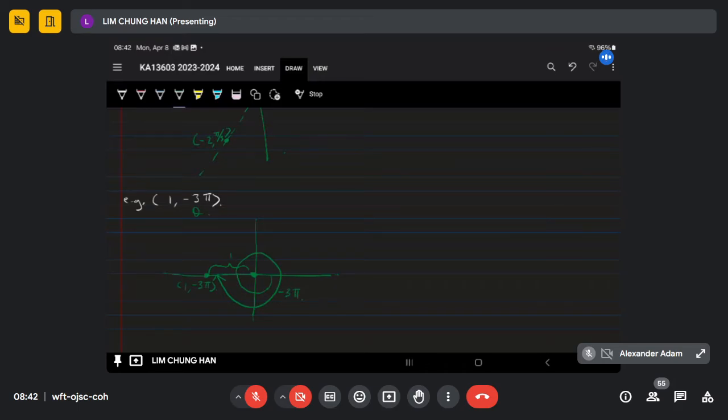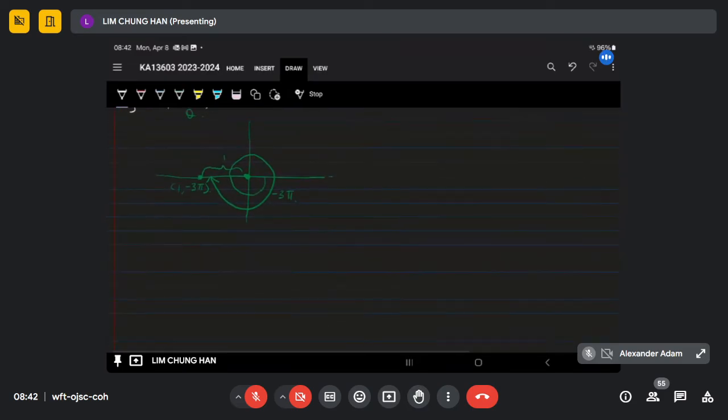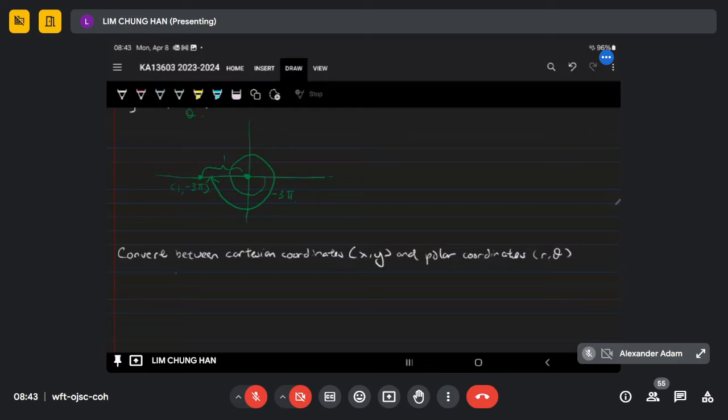Now next I want to talk about, as I hinted earlier, you can actually convert between your Cartesian coordinates, which is your x and y, and polar coordinates, which is your r and theta. So you can convert between the two.